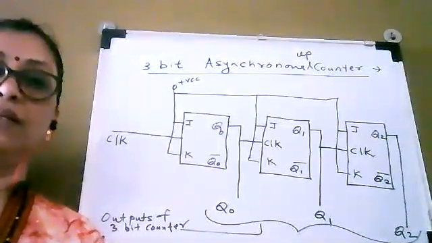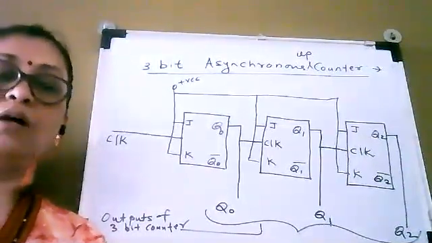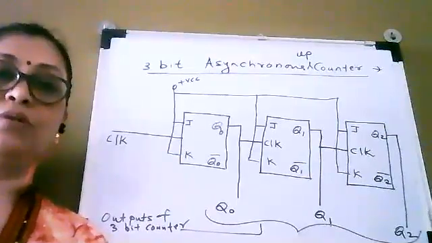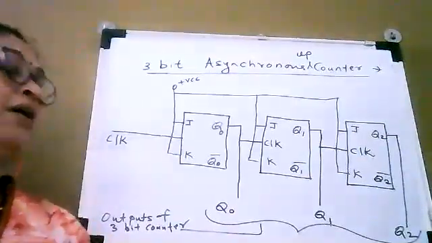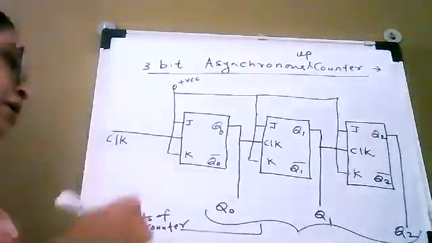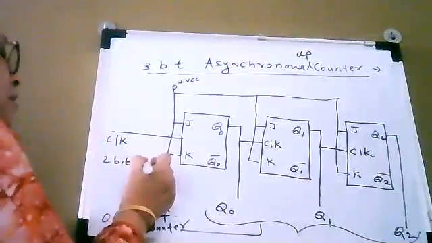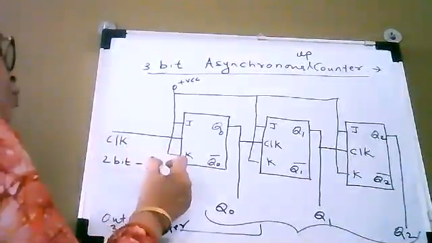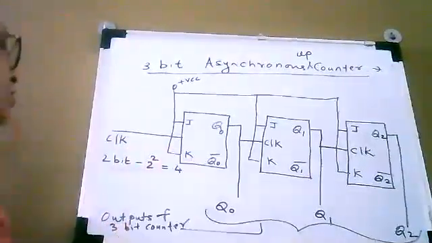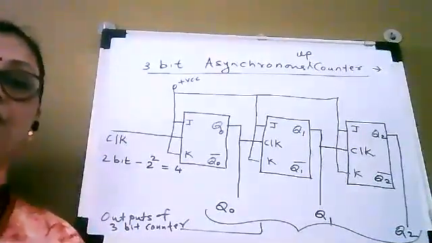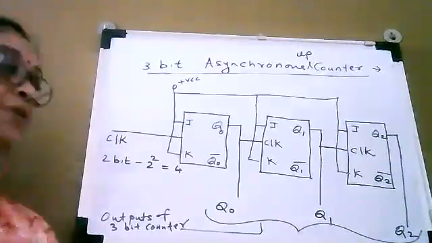Okay, now there is a relation between number of bits and number of states that a counter can count. For example, if you consider a 2-bit counter, then 2 to the power of 2 is equal to 4. So this 2-bit counter is capable of counting 4 states.